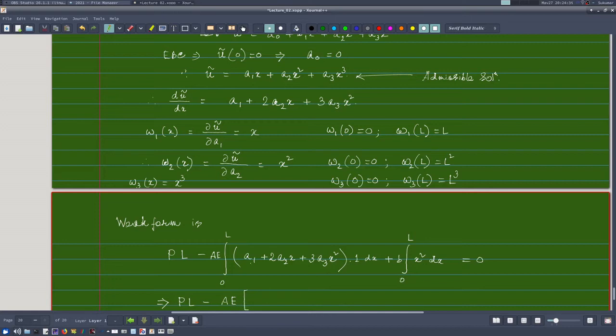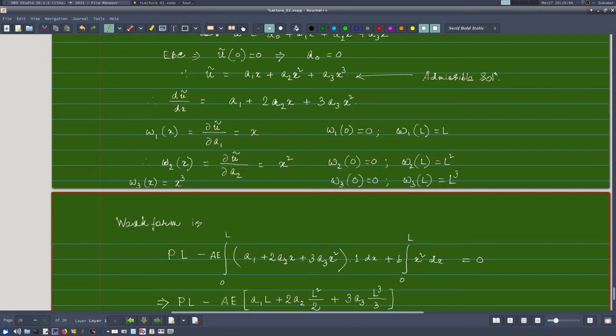So a1 dx is a1x, so a1 into L, plus twice a2 into x square by 2, so L square by 2, plus thrice a3 into x cube by 3, so L cube by 3.